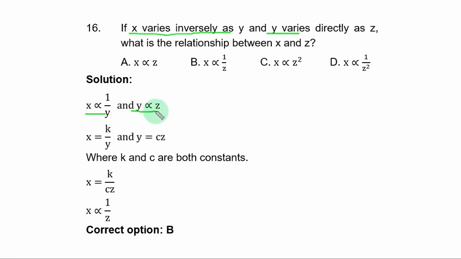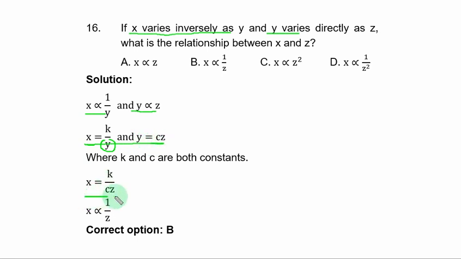What we do is that we replace the symbol of variation with equality sign and introduce the constant of variation. This is what you have here, where K and C are both constant. Now we are interested in S and Z. It means that since there is S here, you can replace this Y with CZ.